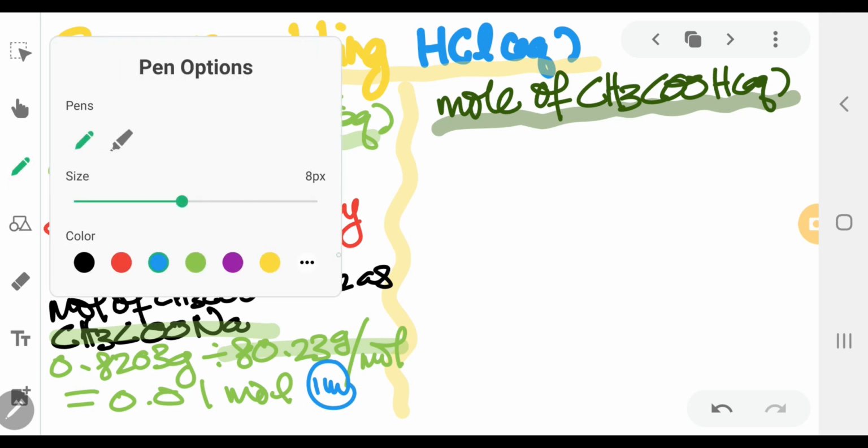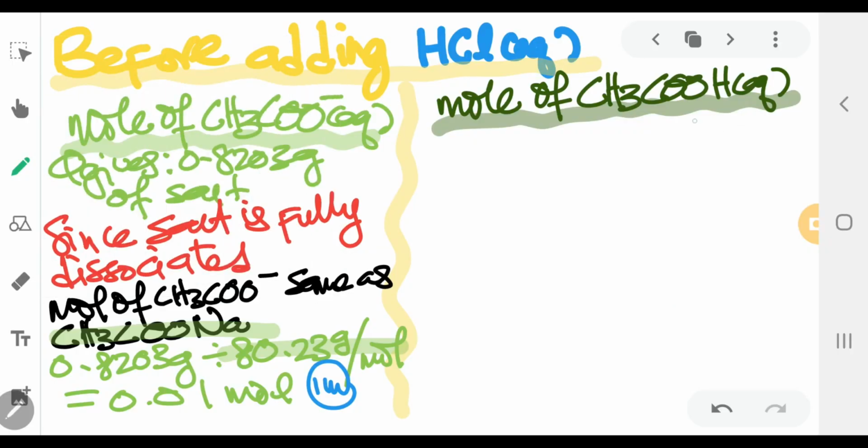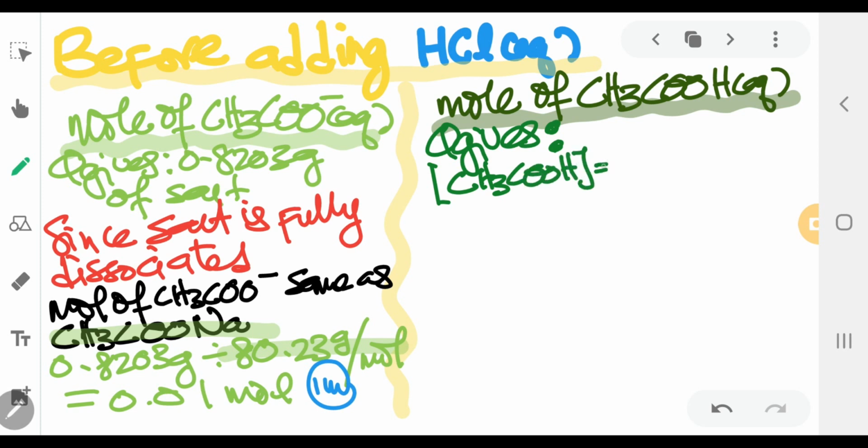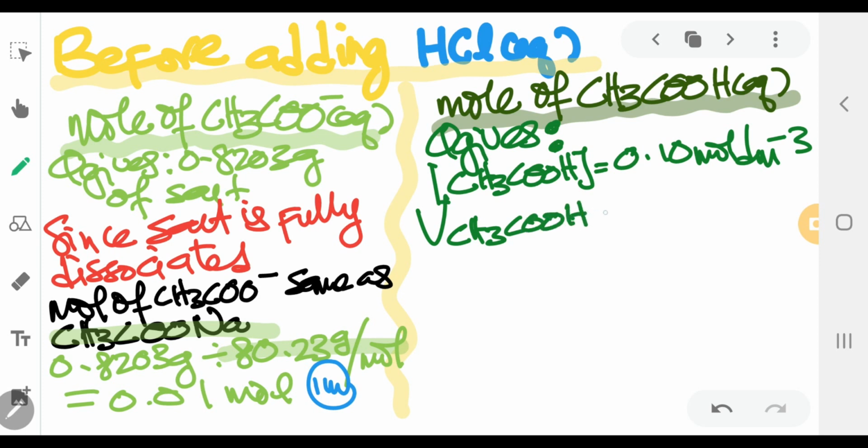And for the weak acid right here, the question gives the concentration of CH3COOH, which is 0.10 mol per dm³, and the volume of the weak acid is about 0.25 dm³.